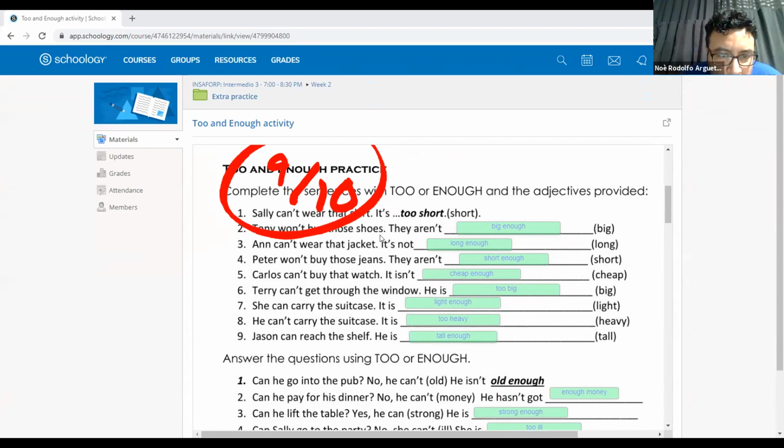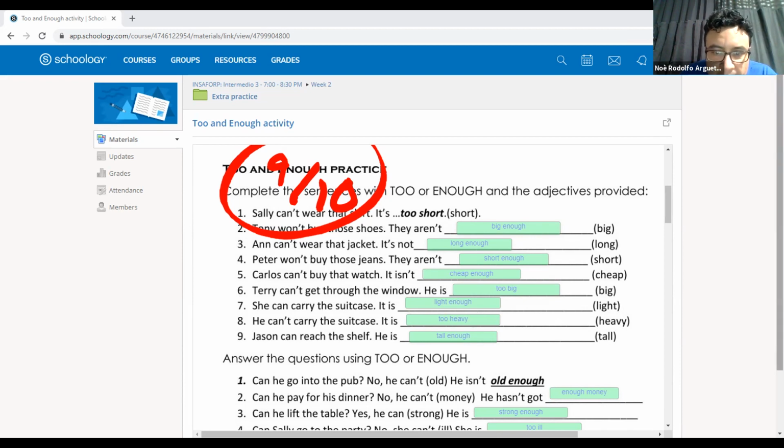Tony can't wear those shoes. They aren't big enough. He can't wear that jacket. It's not long enough. Peter can't wear those jeans. They aren't short enough. Carlos can't buy that watch.